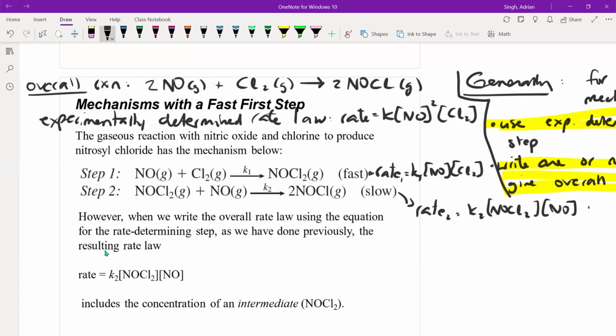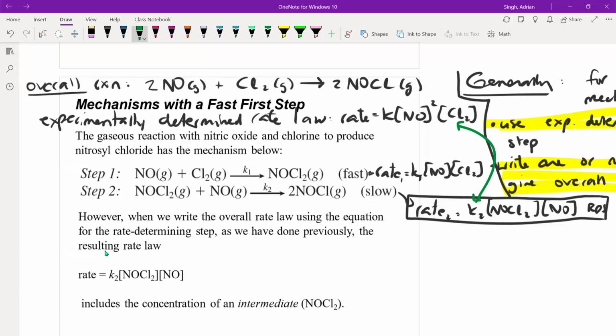And this here is the rate determining step, the slow step. So obviously, what we notice is that the rate law for the rate determining step is not the same as the rate law for the overall reaction. They are not the same, right? So there's something we need to consider.